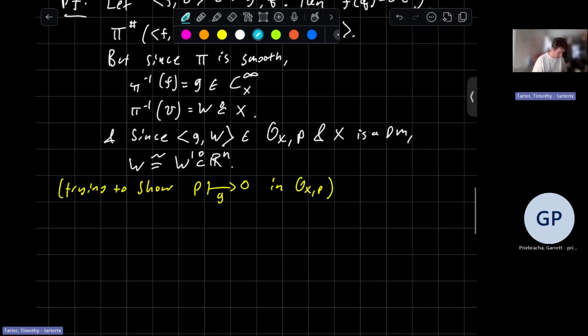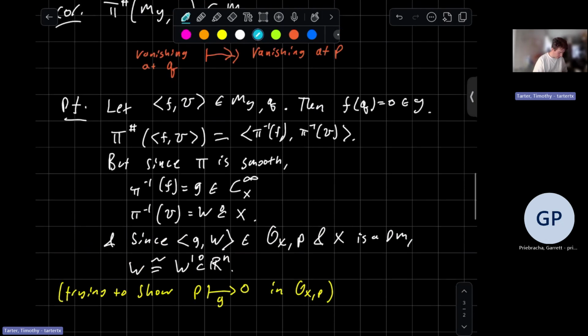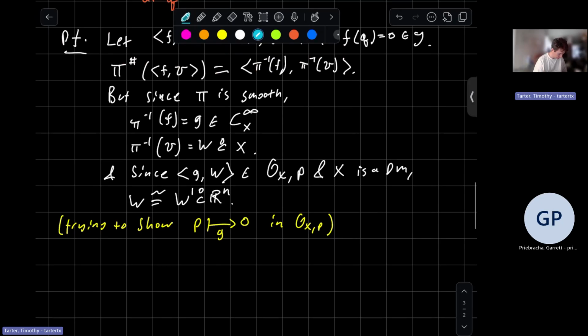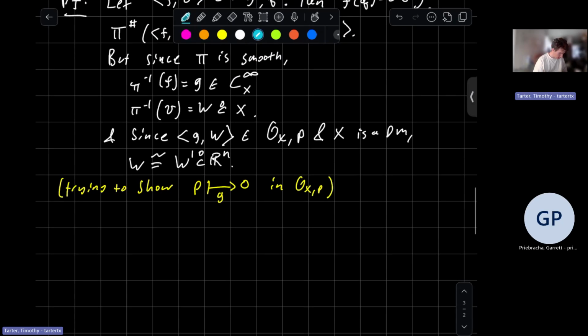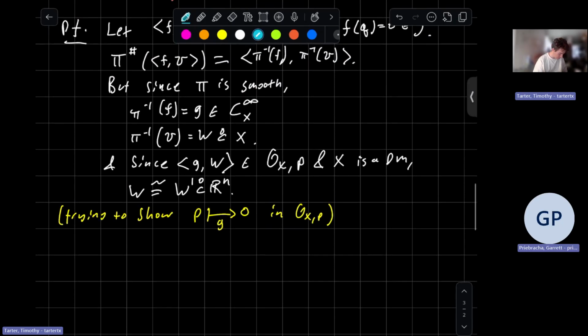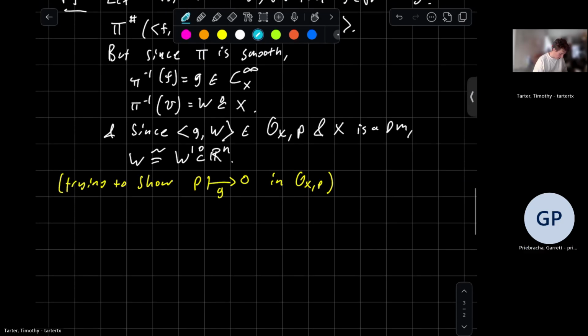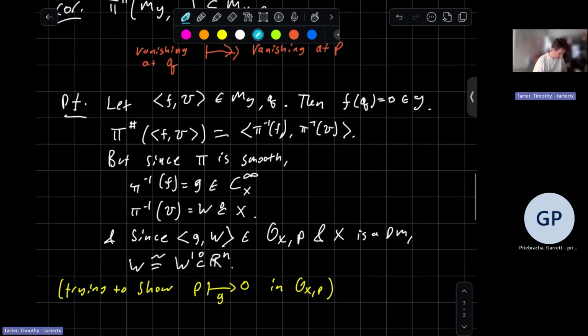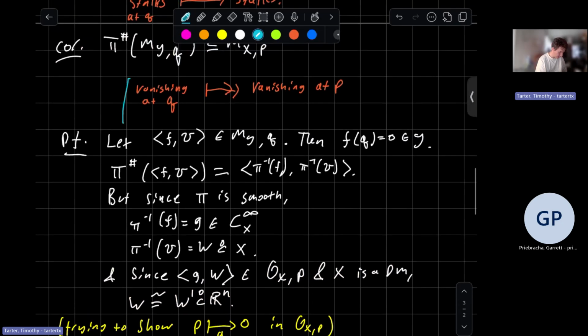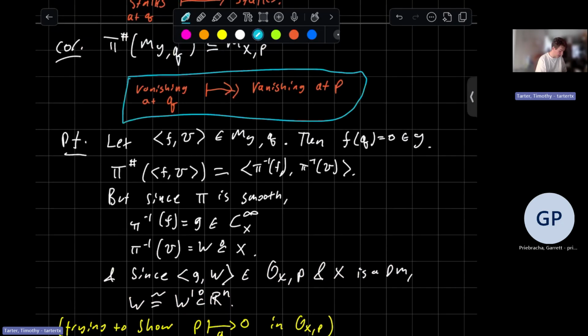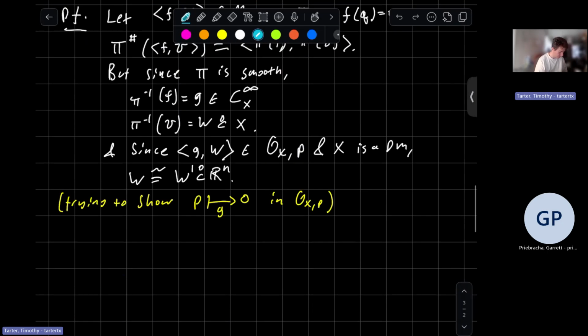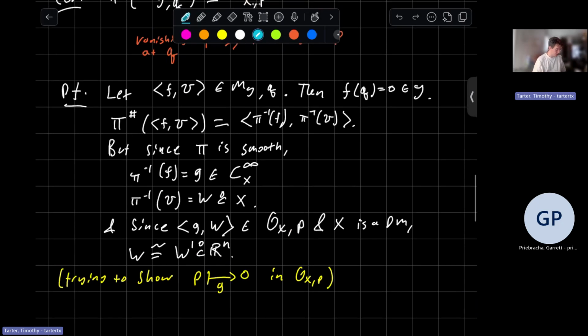I'm actually not sure how to show that this ends up being a vanishing. Is there a way to make a commutative diagram, a diagram chase? No, not really, because it literally is just this. We're trying to say that functions that vanish at Q go to vanish at P.